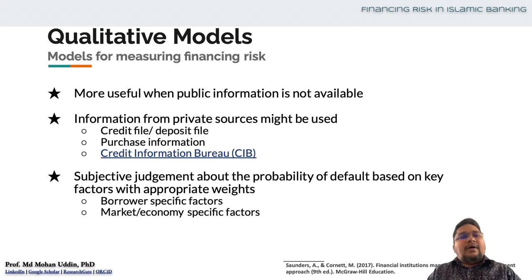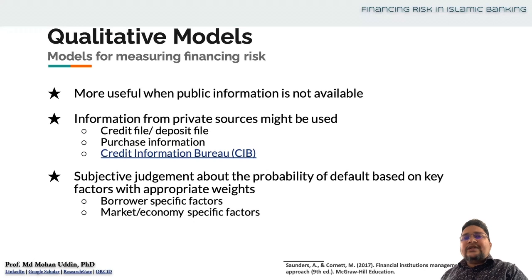But the industry related to luxury goods, automobiles, these kinds of things, they are largely affected by the changing condition of the economy or the market. So which industry your borrower belongs to is also very important.